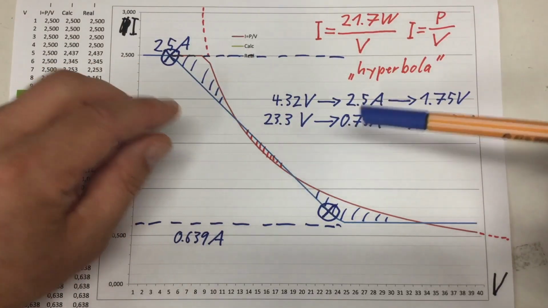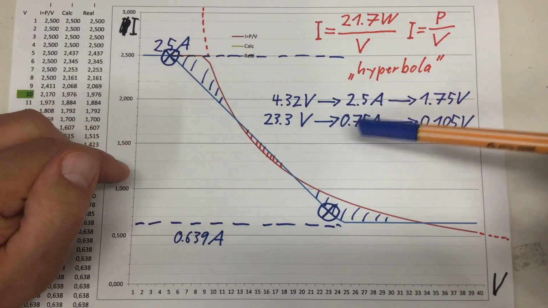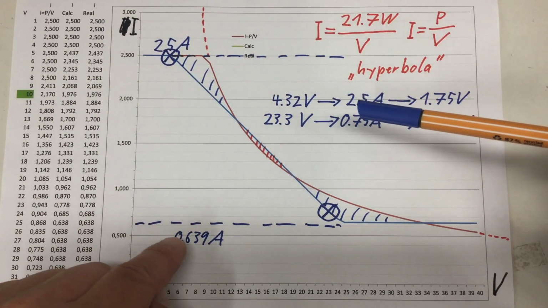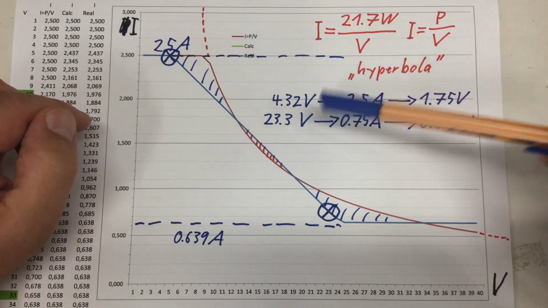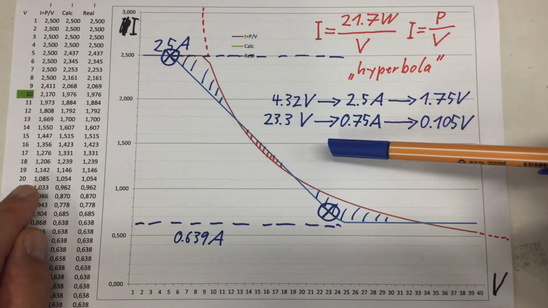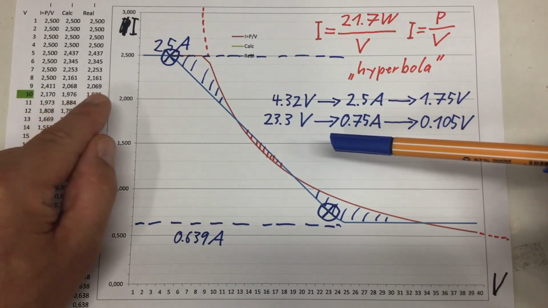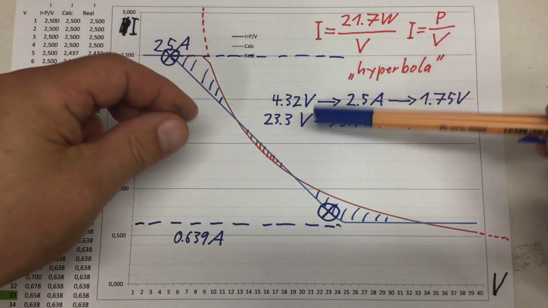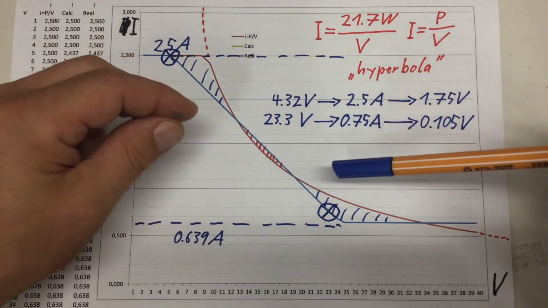And the lower point I chose at 0.75 amps, which is a little easier to work with in my head than 0.639 amps, for 23.3 volts. So at 20 volts we can still draw 1 amp. At 10 volts we can almost draw 2 amps. It's a linear approximation, and I think it's still very useful. Not as powerful as I imagined, but useful.